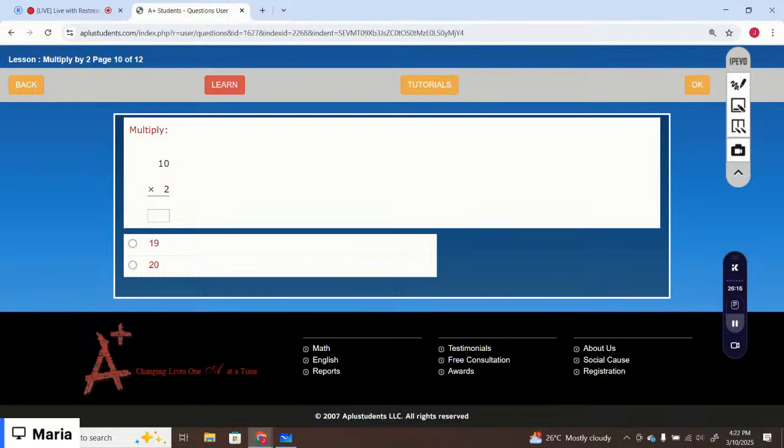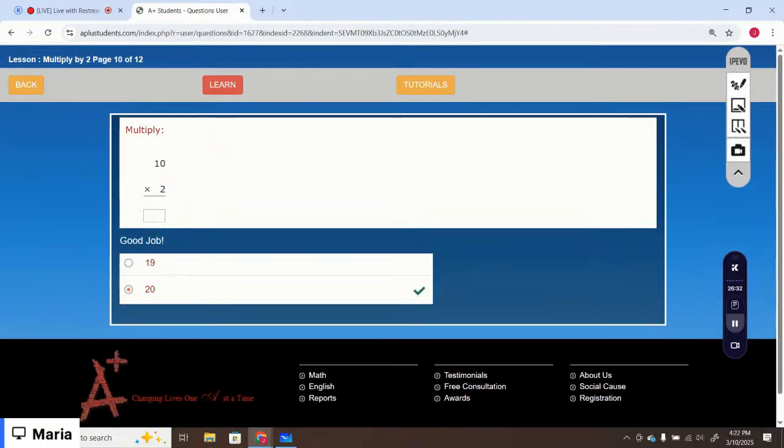Ten times 2 equals... 10 times 2 is 20. Option number 2 is the correct option.